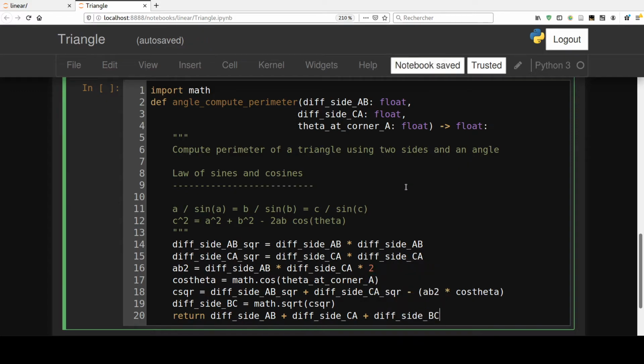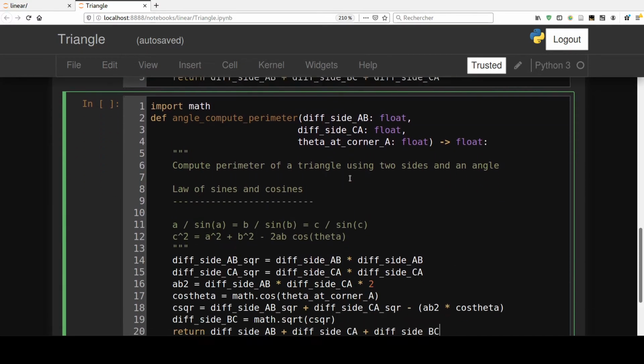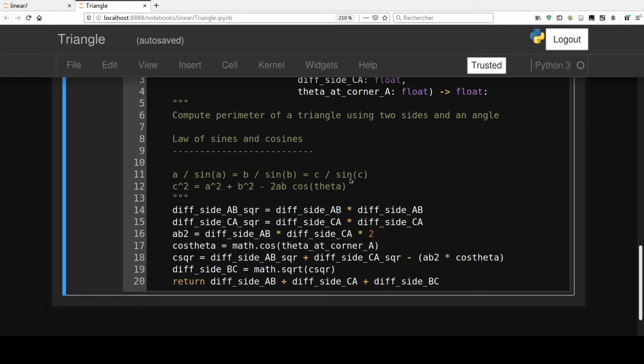And this will be how you compute the perimeter of the triangle using the angle and the two sides. Is this the only way?